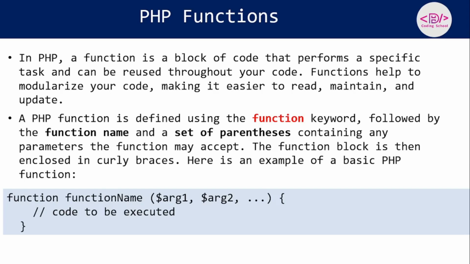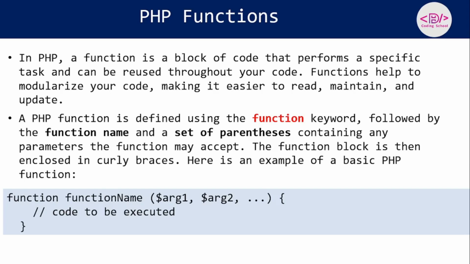A PHP function is defined using the function keyword, followed by the function name and a set of parentheses containing parameters the function may accept. Not necessarily, but sometimes it accepts these parameters, or the variables that it is going to use to perform that task.